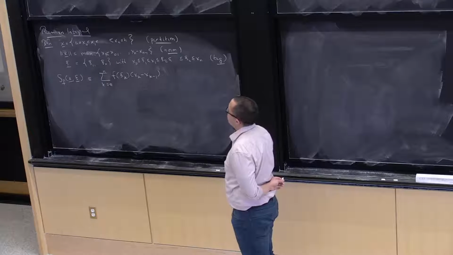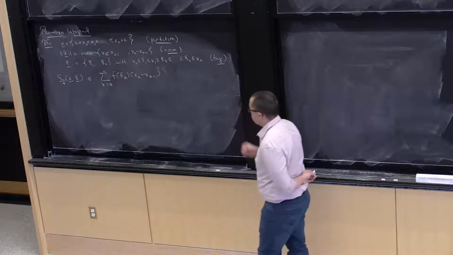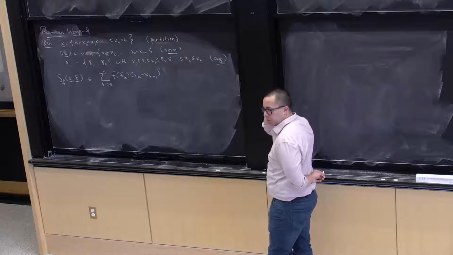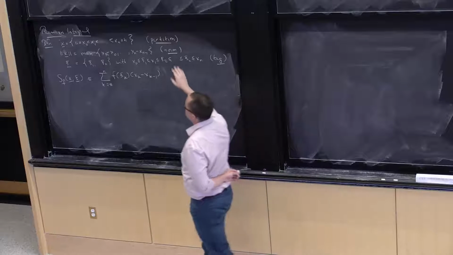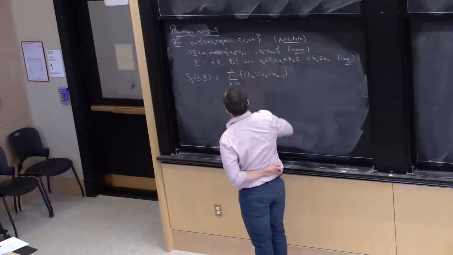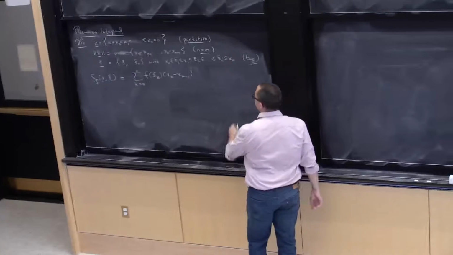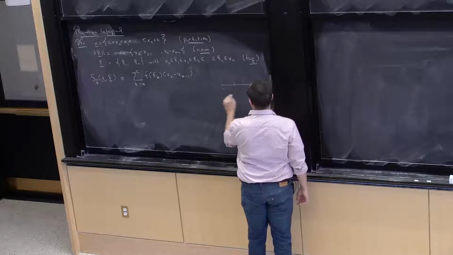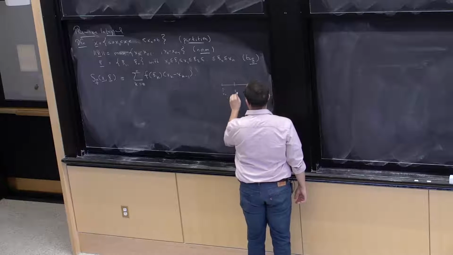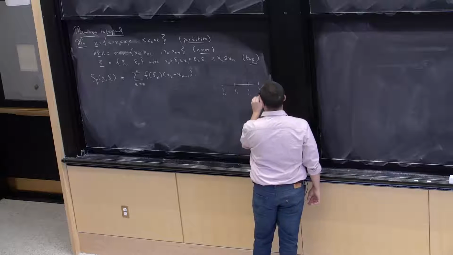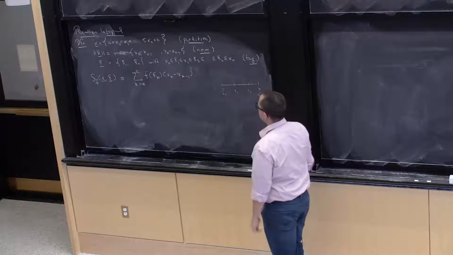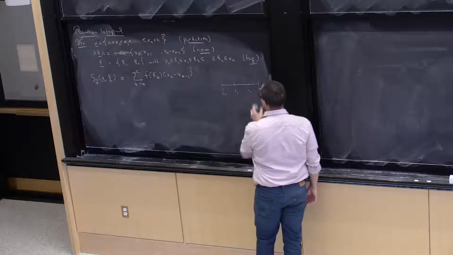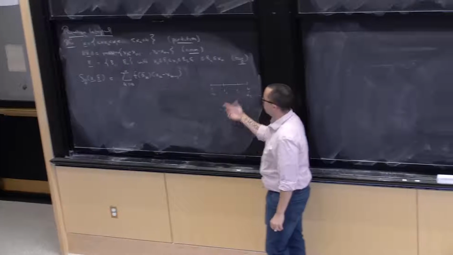The theory is built up as follows. Given a continuous function f, this is just a refresher on the definitions I introduced last time. A partition is just breaking up the interval from a to b into points, into little subintervals, with the norm of this partition being the length of the longest subinterval.